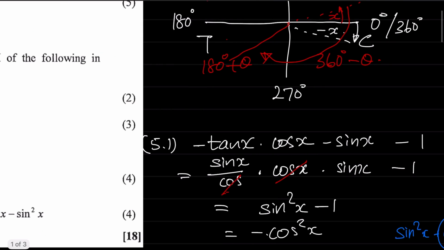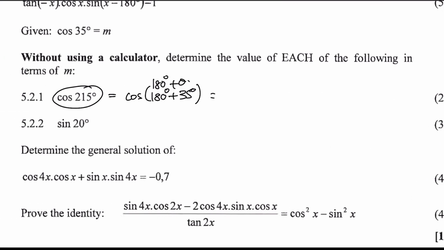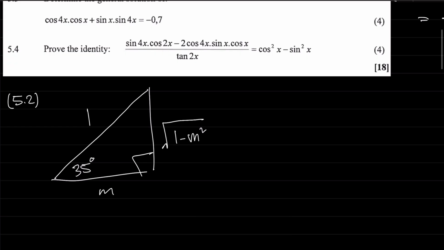Now 180 plus theta is the third quadrant, and only tan is positive in that quadrant. So this will reduce to minus cos theta, or in other words, minus cos of 35. We know cos of 35 is m, so the answer here, 5.2.1, is minus m.